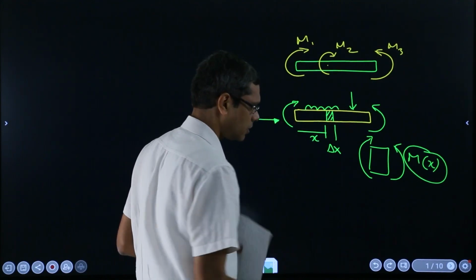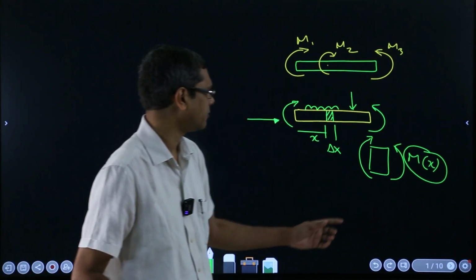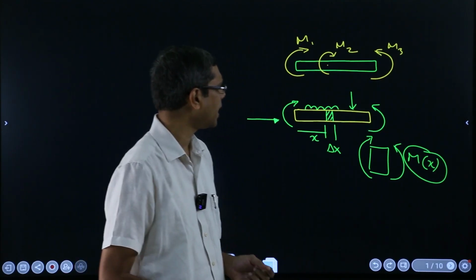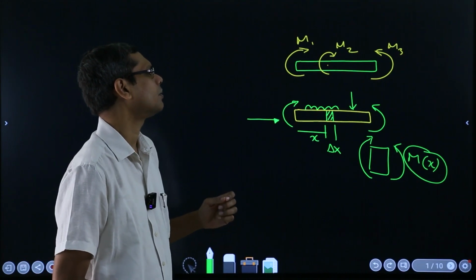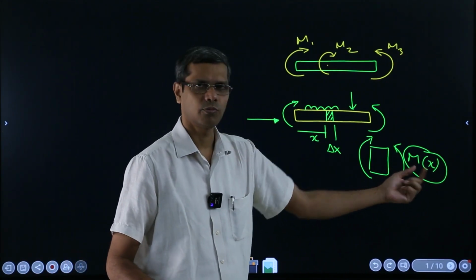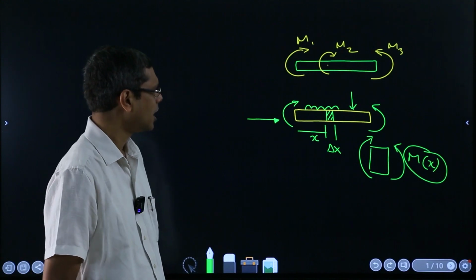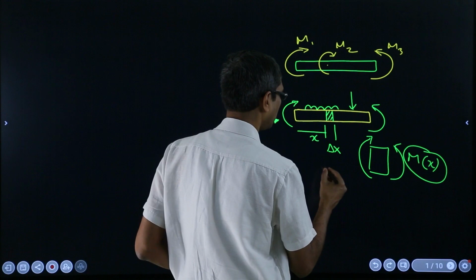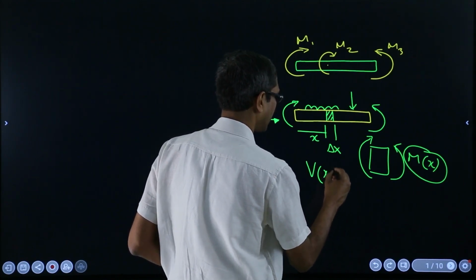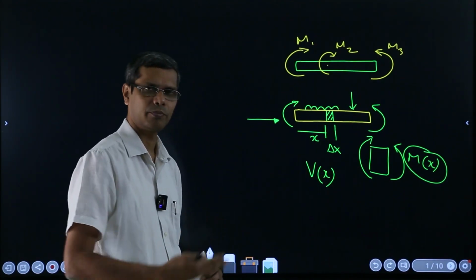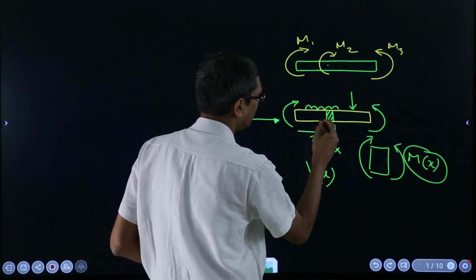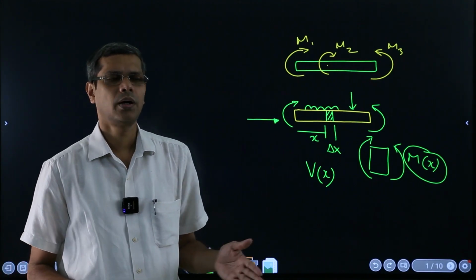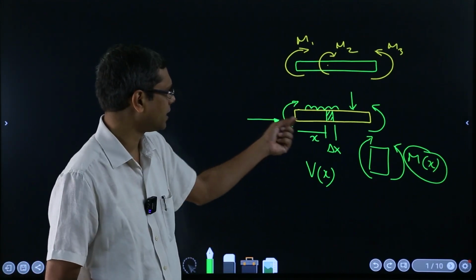That's our aim, and with that objective we are trying to see the variation of moment with respect to x. But we will also see the variation of the shear force with x in the same stretch, because as soon as a transverse force comes into the picture, shear force exists at every location.